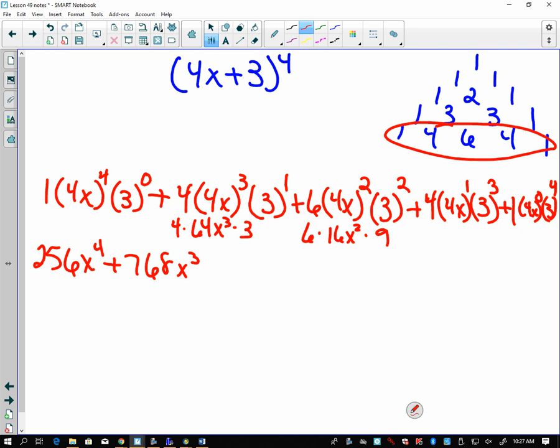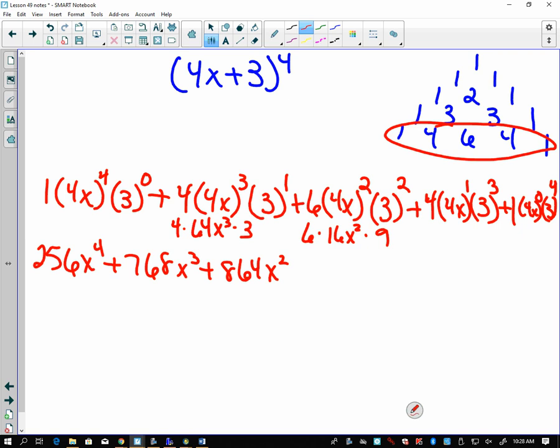So 6 times 16 times 9. 864x squared. Is this easier than what we would have been afraid it was going to be? It looks really long, but if we take it one step at a time, is it manageable? Yeah, okay.